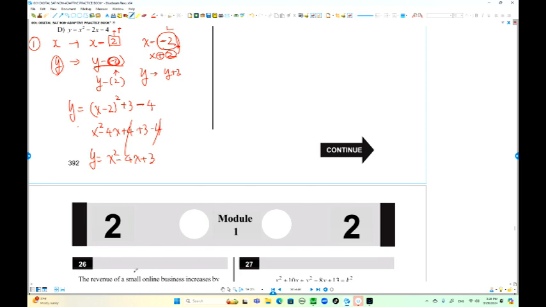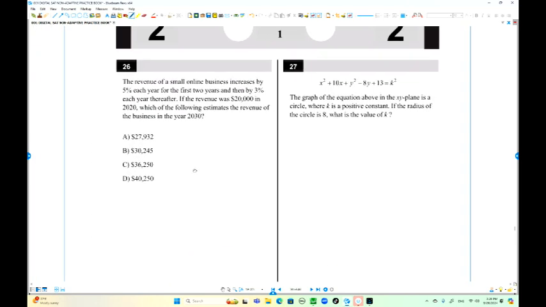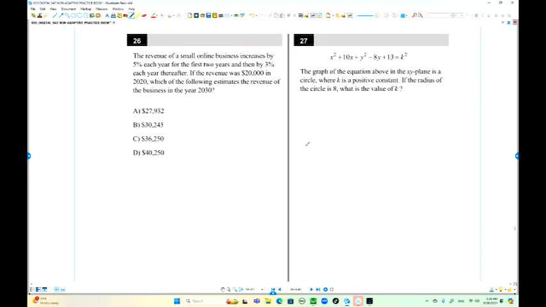Now moving on to number 26, the last one. The revenue of a small online business increased by 5% each year for the first 2 years. For the first 2 years, 1 year, 2 years, only 5% increase. The next one is 3% from here, 3% increase.